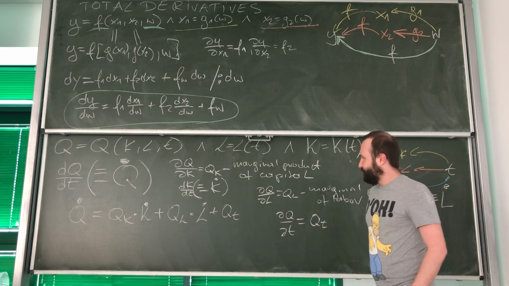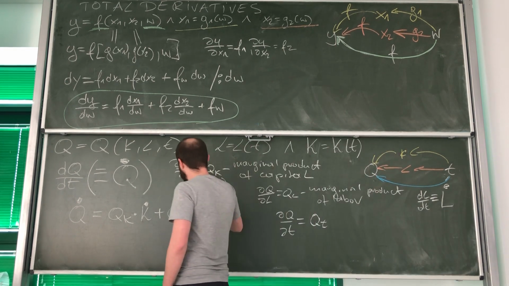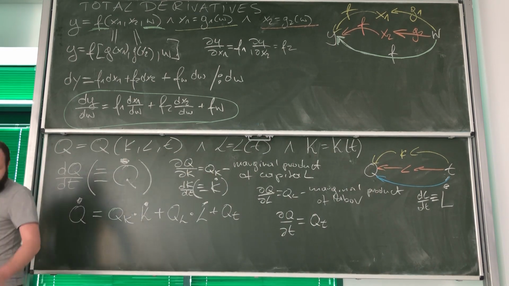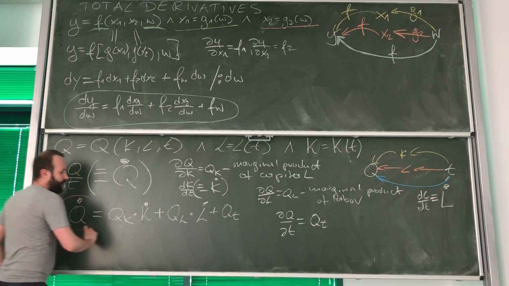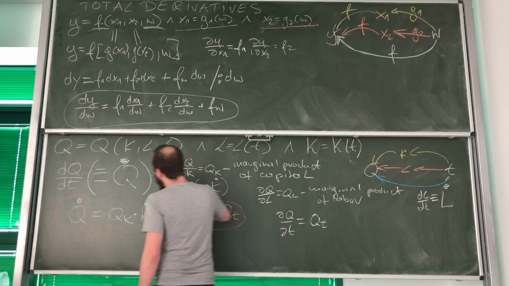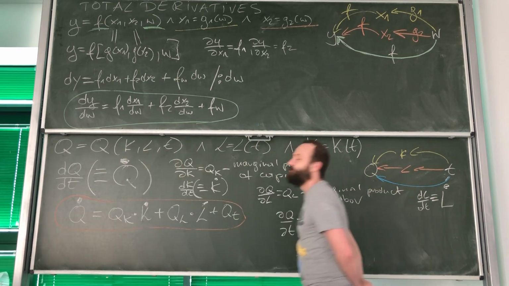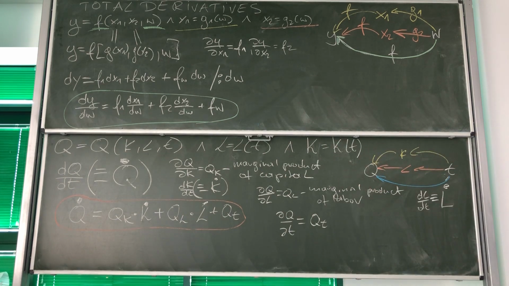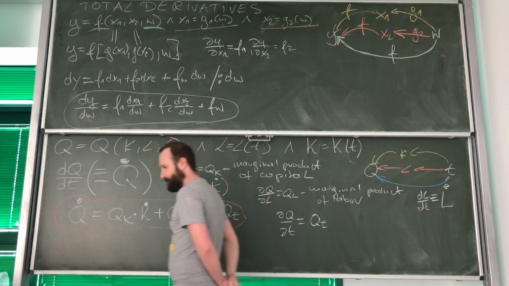And look, this expression that we found over here is showing us what is happening to the level of production over time, taking into account all possible channels.